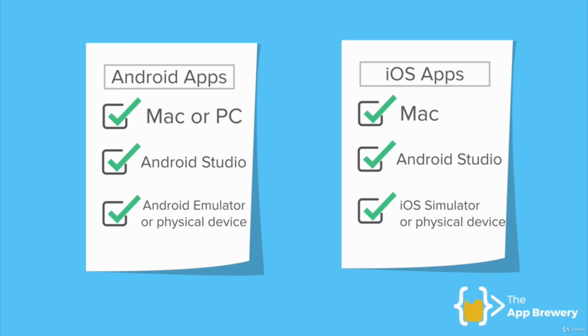As a summary, in order to develop Android apps with Flutter, you can use a Mac or a PC. You'll need to download Android Studio, and you're going to need an Android emulator or a physical device. In order to build iOS apps with Flutter, I recommend that you have a Mac that you can work with. Again, we're going to be using Android Studio, and you'll need an iOS simulator or a physical device to be able to test your iOS apps.